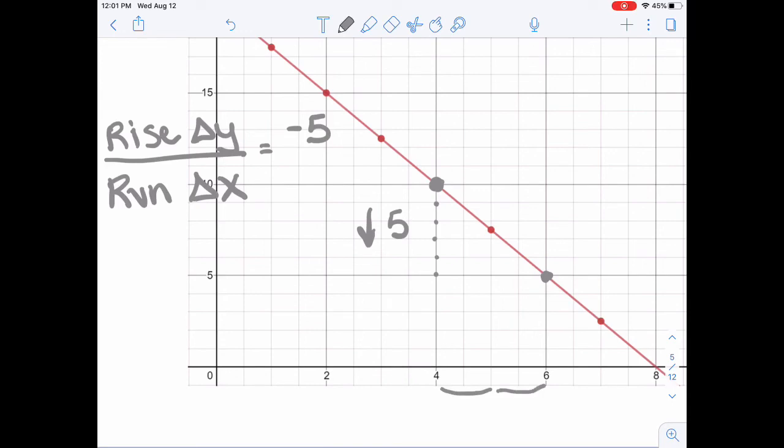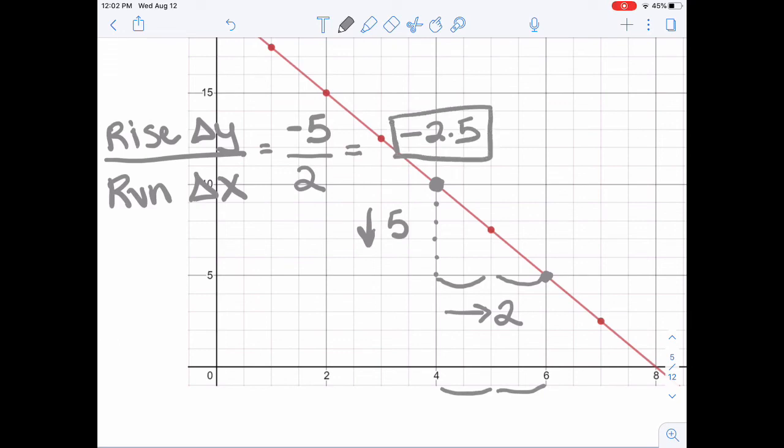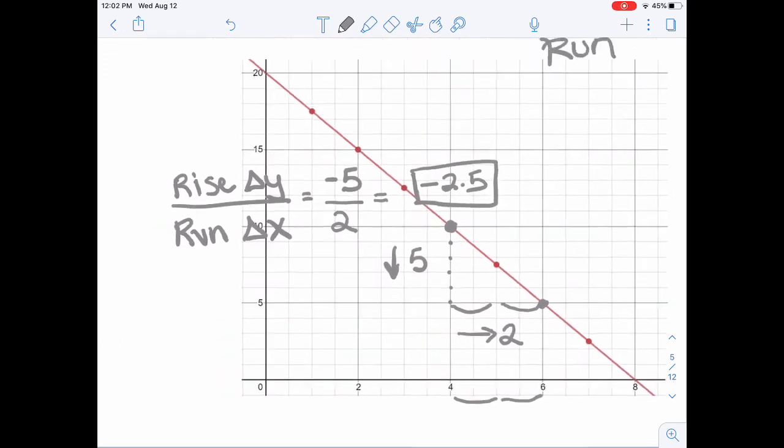So my run is going to look like 1, 2. I move to the right, 2. Because I move to the right, I increase. It's going to be a positive 2. Negative 5 divided by 2 is negative 2.5. And that's our slope. That's our rate of change.